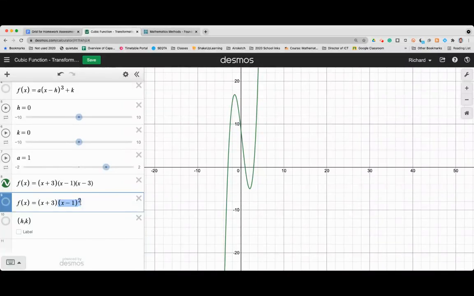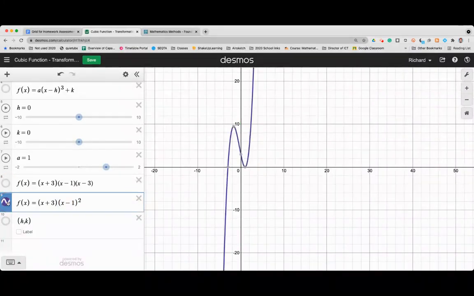So we call that a repeated factor. So a cubic has 3 factors. Doesn't always, but in this instance it does. It has 3 factors. It's just that the second factor is a repeated factor, okay? Or second and third is a repeated factor.